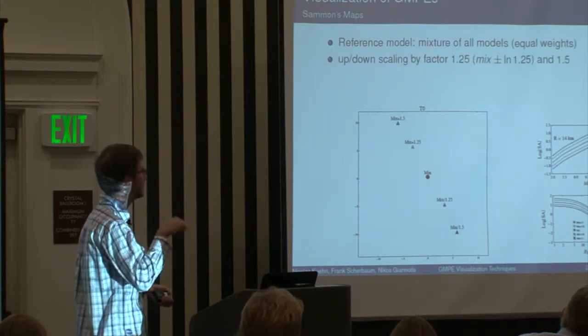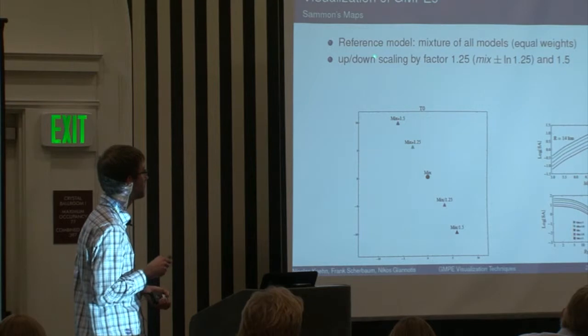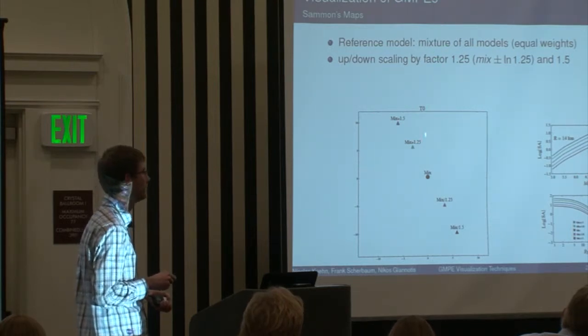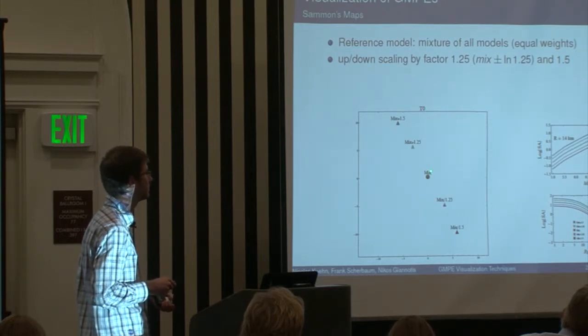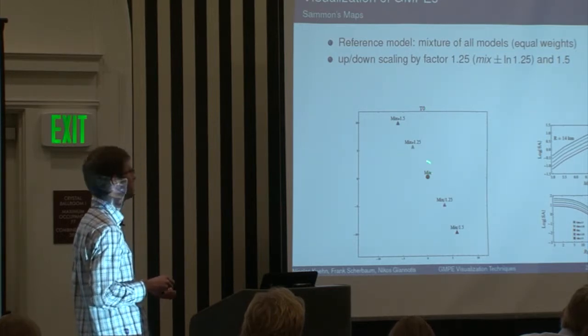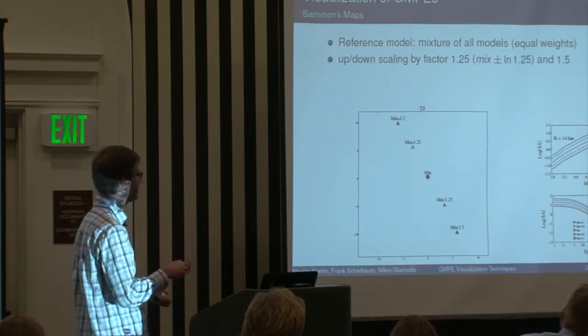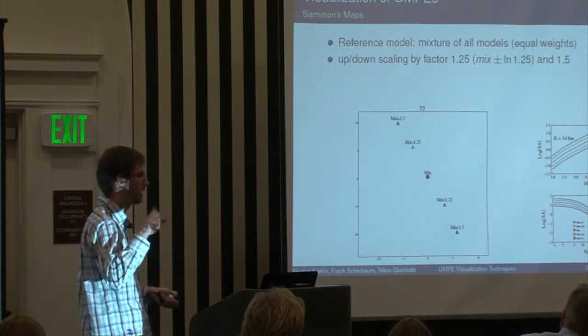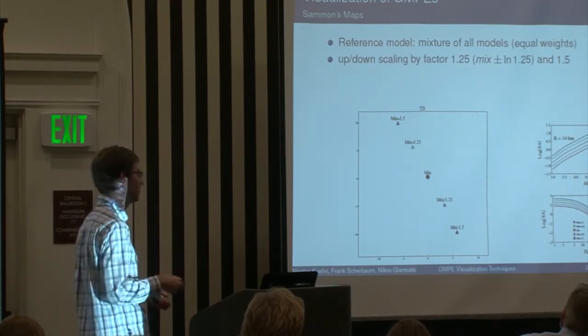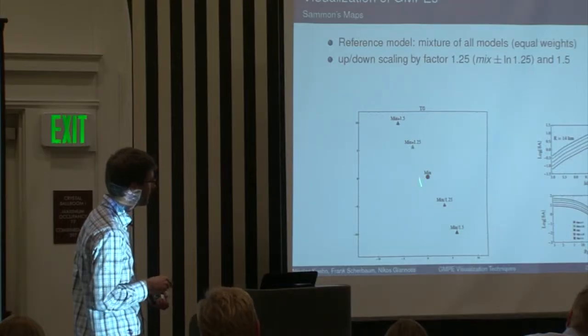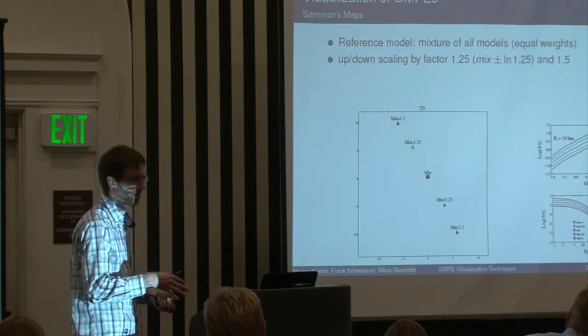What I then did is scale this mixture, this reference model, up and down. We're all in log scales, so this is the reference model plus log 1.25, and this is the model plus log 1.5. This is minus log 1.25 and minus log 1.5. As you can see, they line up very nicely on this straight line.